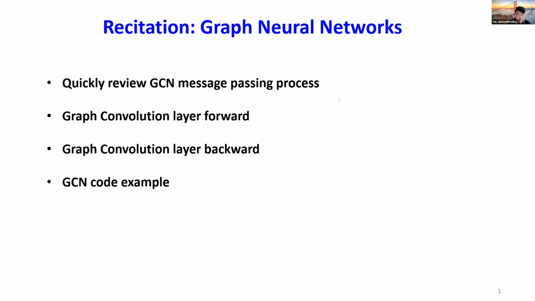Before we start to introduce the matrix form of the single layer of graph convolution, let's first take a look at the scalar form of the graph convolution.